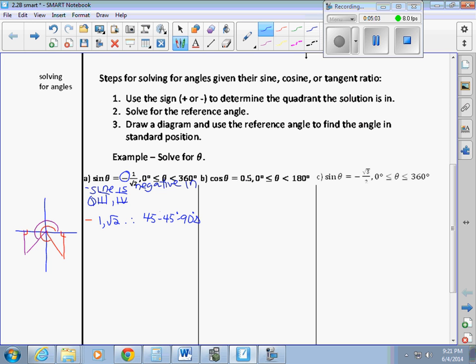So that's 45 degrees and 90 degrees. So that means that my reference angle then, that shouldn't be a Q, it should be a theta. My reference angle is equal to 45 degrees. So this and this are both going to be 45 degrees.